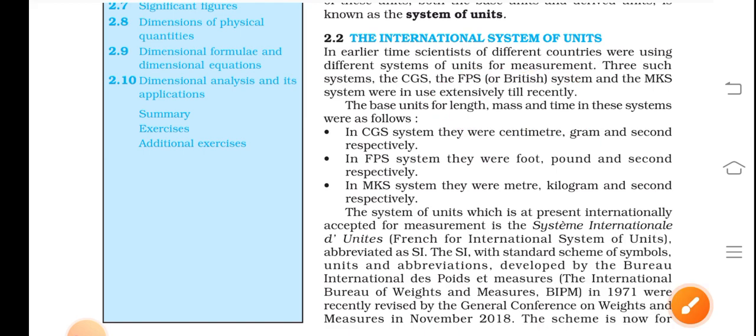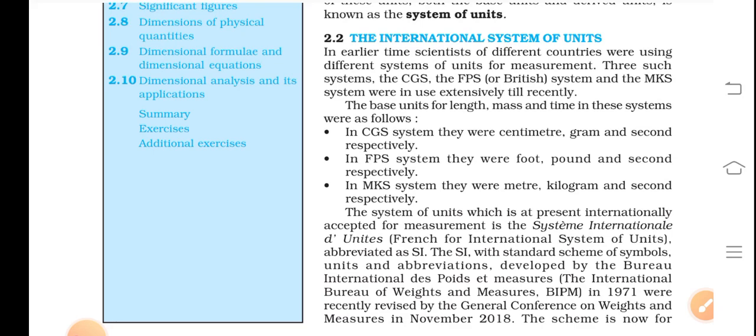In the CGS system, length is measured in centimeter, mass in gram, and time in second. In the FPS system, length in foot, mass in pound, and time in second itself. And in the MKS system, they used meter, kilogram, and second respectively.